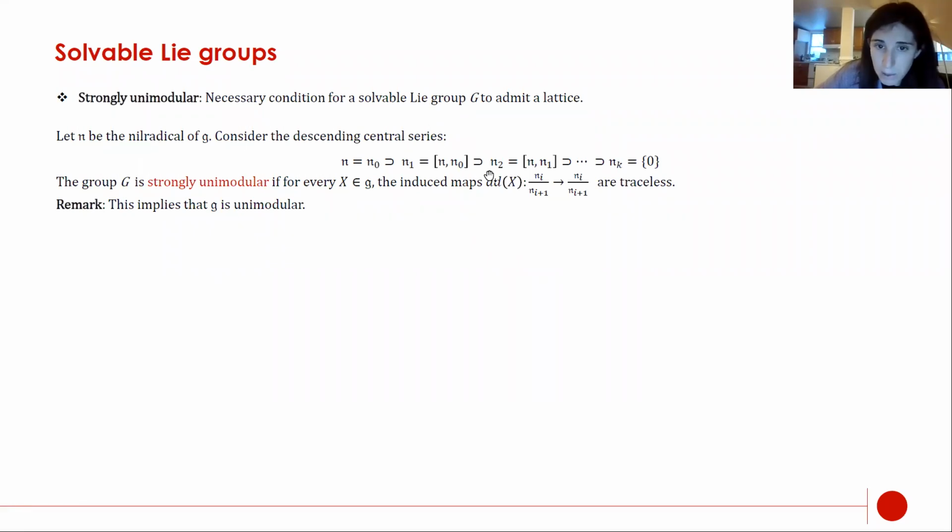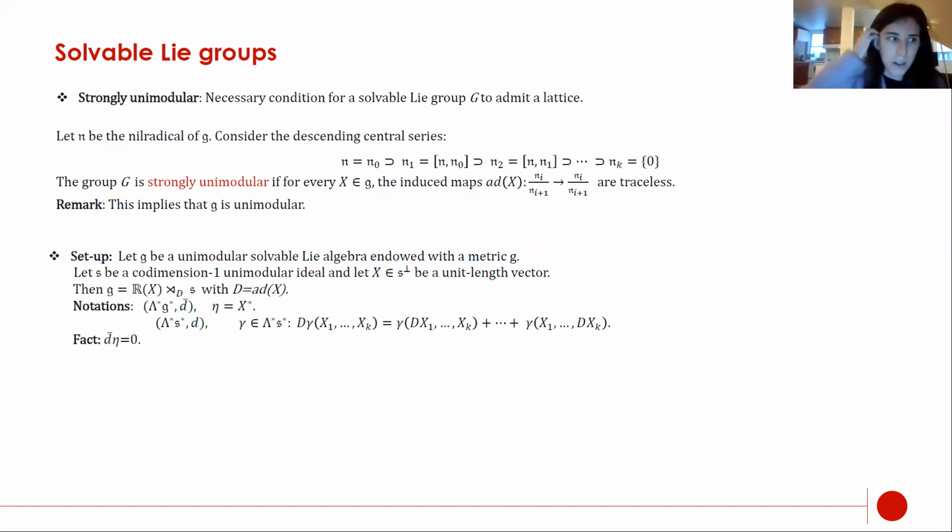Therefore, it makes sense to consider the restriction of the adjoint to the quotient of ni over ni+1. So the condition of being strongly unimodular is that for every vector in the Lie algebra, this induced map should be traceless. And a remark here is that strongly unimodular implies unimodular.